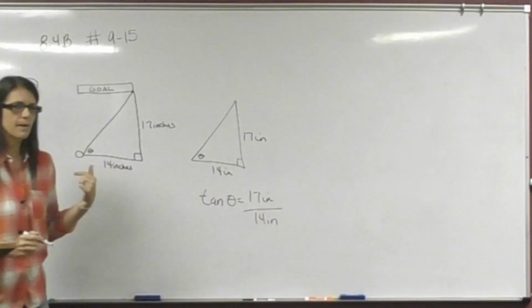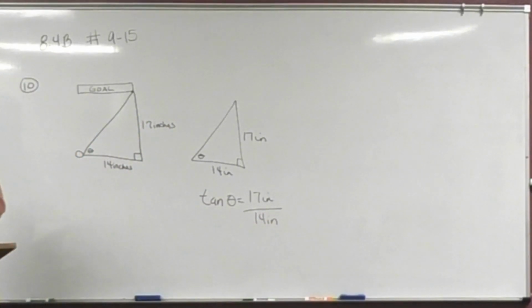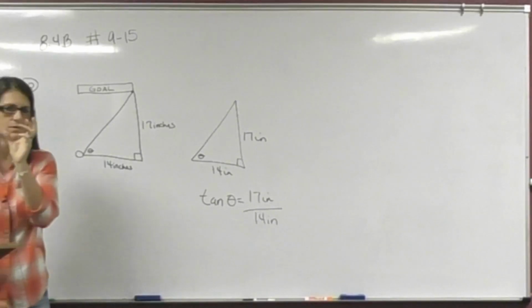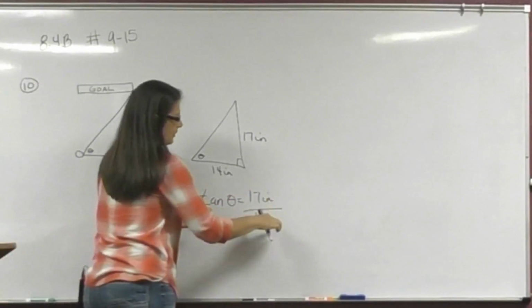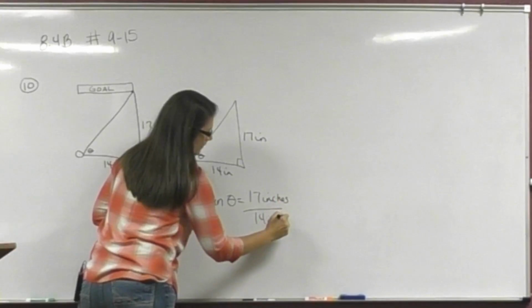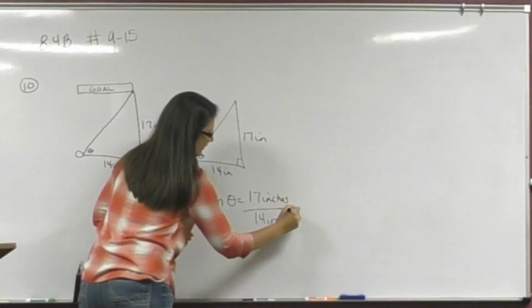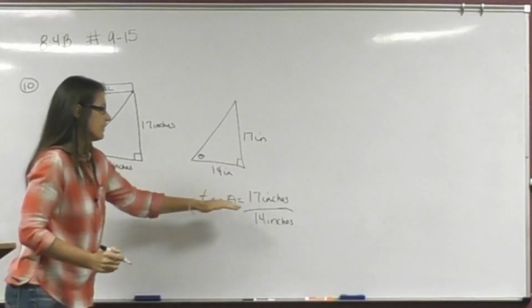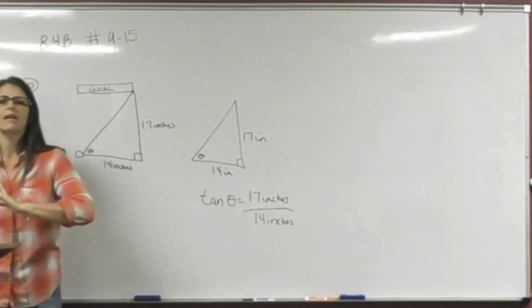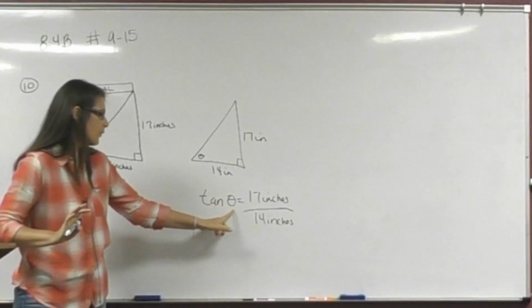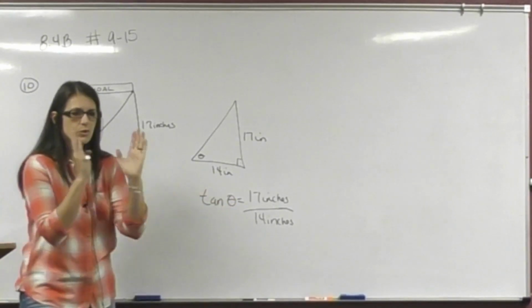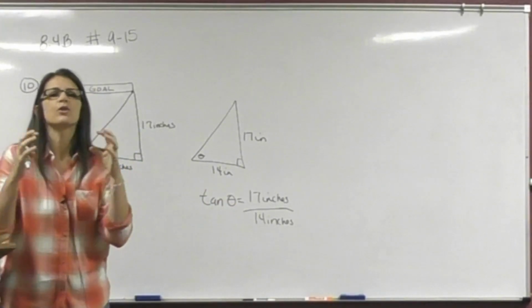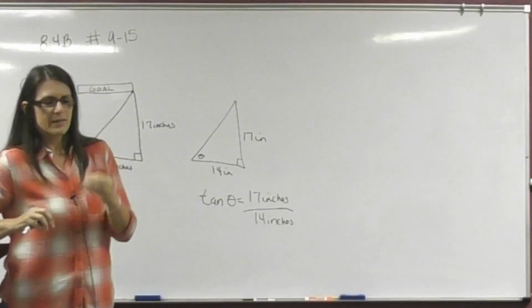Hopefully you notice that I'm always inserting my units into my problem. Whether you abbreviate it or not, it doesn't matter. You certainly can, okay? So this is another scenario just like the last one. I'm looking for theta, how many degrees this angle is.